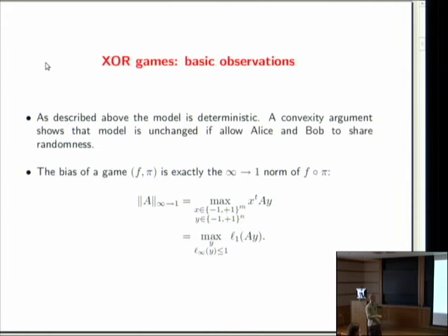And the idea is that once Bob actually chooses his strategy, then the best strategy of Alice is fixed. Namely, once Bob chooses his strategy, we look at this vector A times y, and the best thing that Alice can do is just to choose every plus or minus 1 to make each entry of A times y positive.